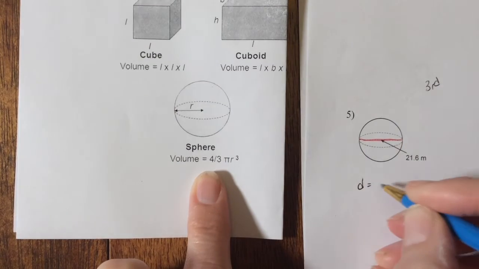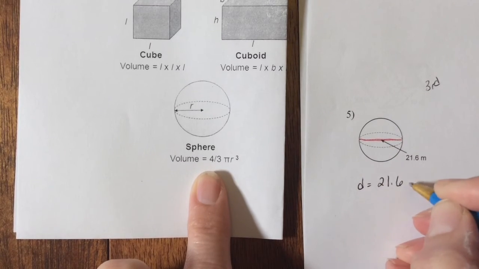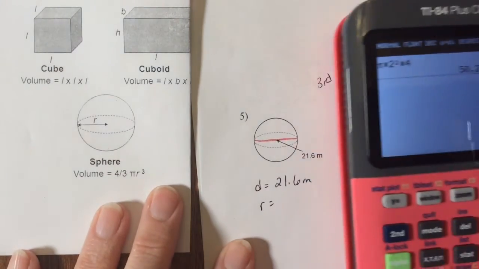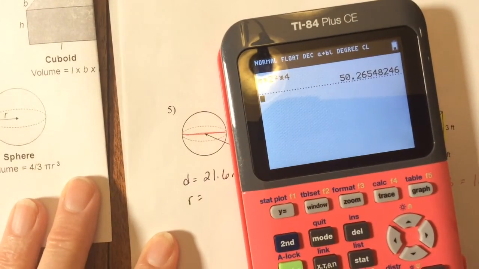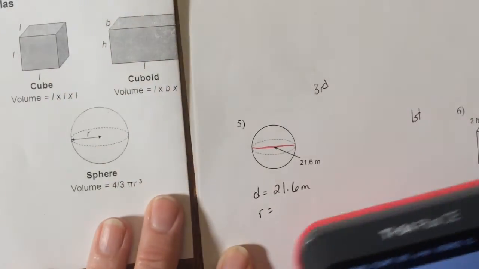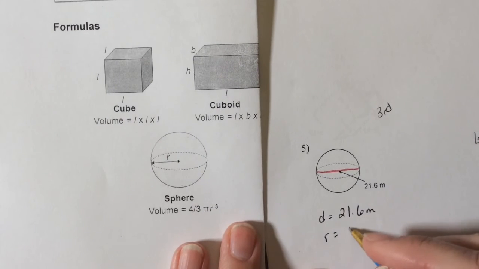If the diameter is 21.6 meters, then the radius is half of that. I'll take my calculator and say 21.6 divided by 2, and I got 10.8. So the radius is 10.8.